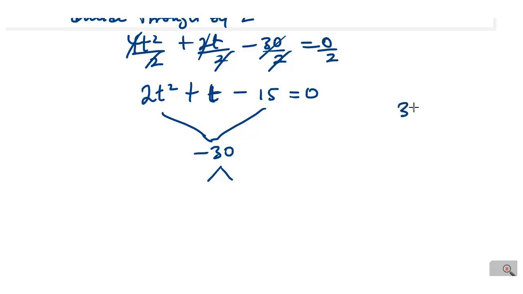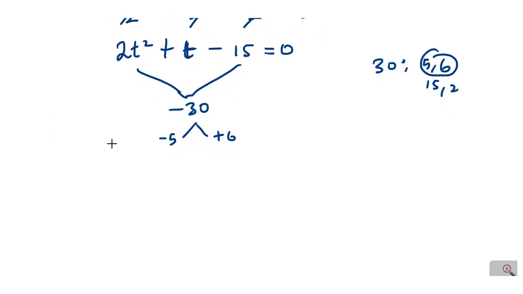So let's think of the factors of 30. We can use a combination of 5 and 6, which gives us minus 5 and plus 6. Minus 5 plus 6 will give us plus 1, and minus 5 times 6 will give us minus 30.